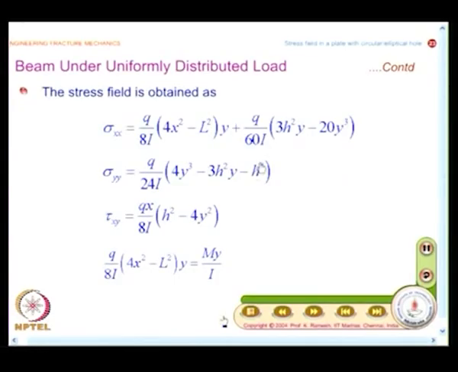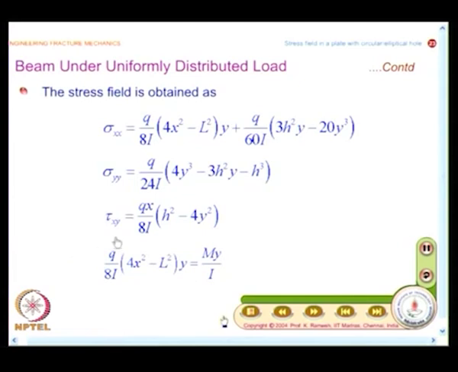Then you have a surprise: an expression for sigma yy, which we never saw in the strength of materials solution. You would not even recognize that sigma yy exists, and it is given as q by 24I into 4y cubed minus 3h squared y minus h cubed.